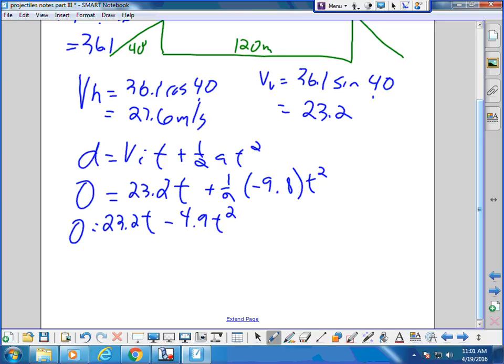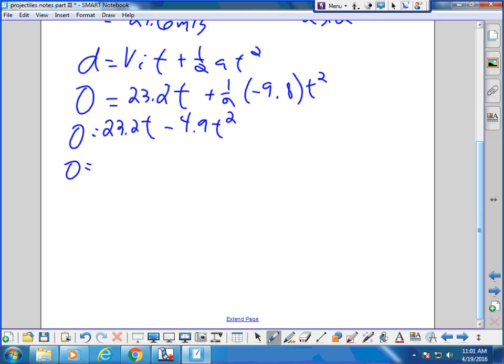Now you could go and do quadratic formula if you want, but that'd be silly because this is definitely factorable. You factor out a T. So 0 equals, factor out the T, and then you got 23.2 minus 4.9 T. So either T is equal to 0, the vertical displacement is 0 before he starts, when T is equal to 0, which doesn't make any sense.